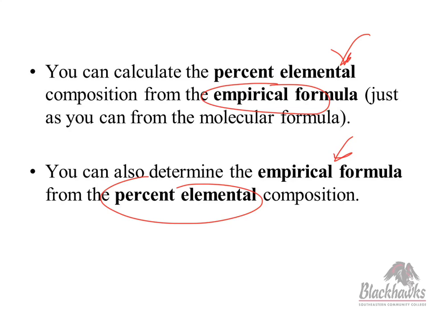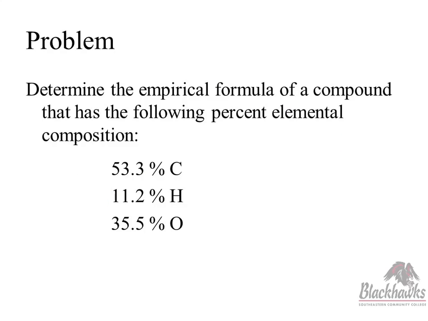If you're given weight percent for each element in the compound, say carbon, hydrogen, and oxygen with subscripts X, Y, and Z, you can backtrack from weight percent to come up with the formula. But notice it's just the basic formula, the empirical formula. There is a way to get to the molecular formula, and we're going to cover that.